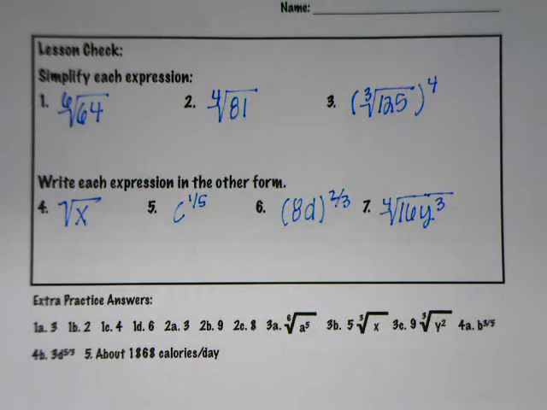Yeah. So you can either do the 125 to the 4th underneath or put parentheses around it with the 4th on the outside, yeah.